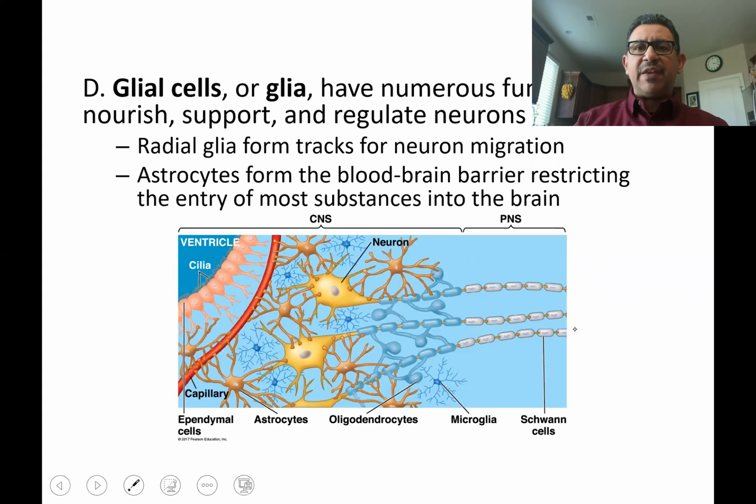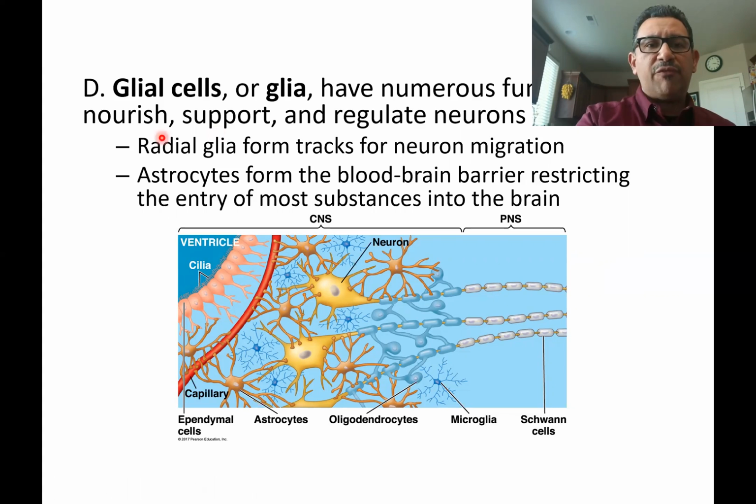are receiving assistance, maintenance, by special cells known as glia. These glial cells, or glia, have many different functions. For example, there are some radial glia that allow for nerve cells to migrate from the neural crest, where they are being made, over to other parts of the body as the animal is developing. That is one of the functions of radial glia.